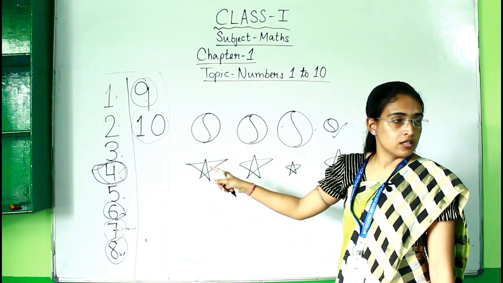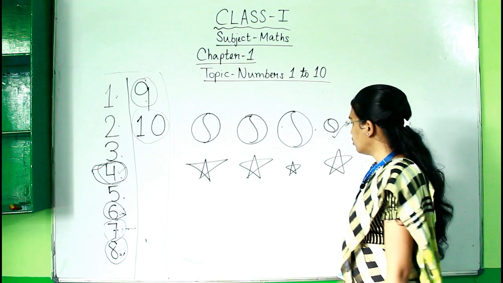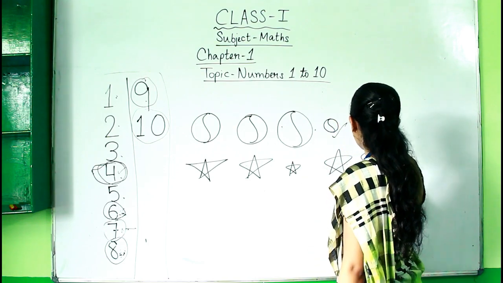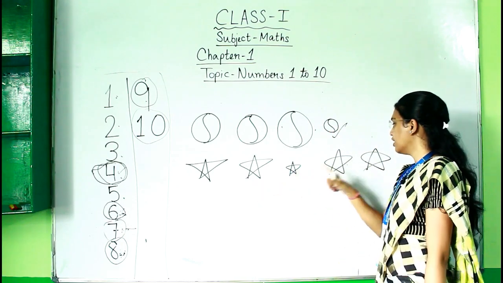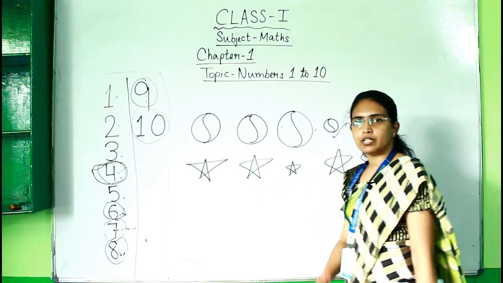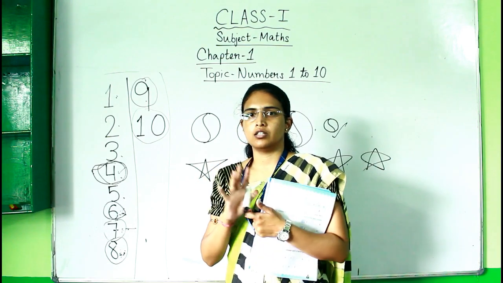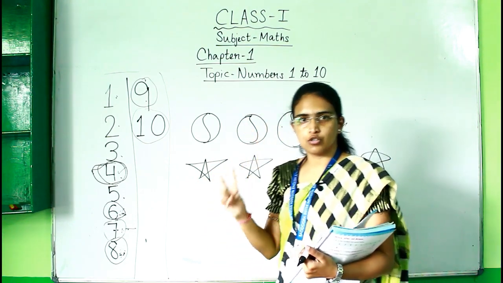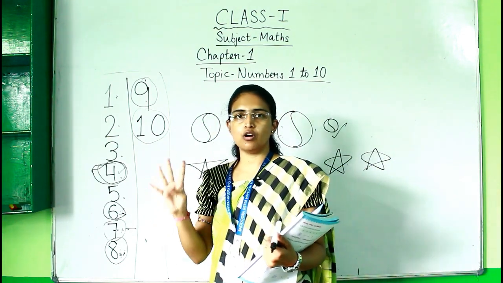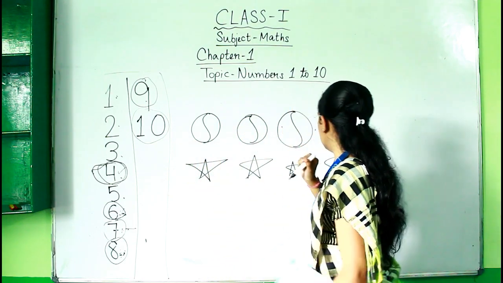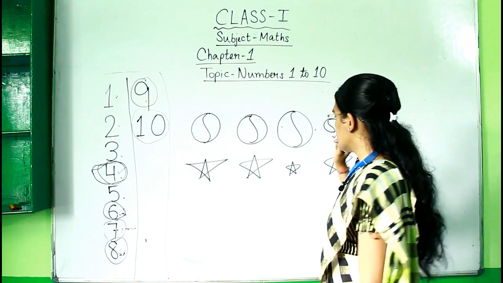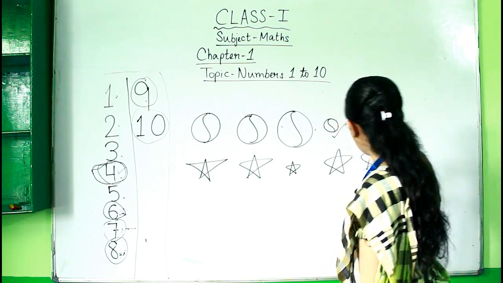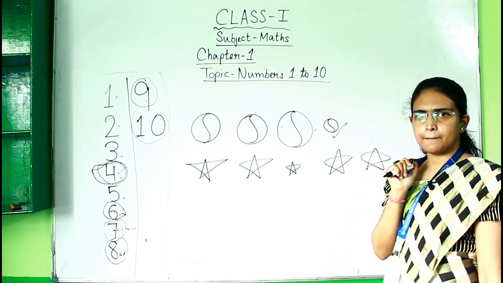Now what are these? These all are stars. Now look, count how many stars? 1, 2, 3, 4, 5. How many stars? 5 stars. Yes. Now we have to find out the smallest star, right? So which one is the smallest star? Who can say?